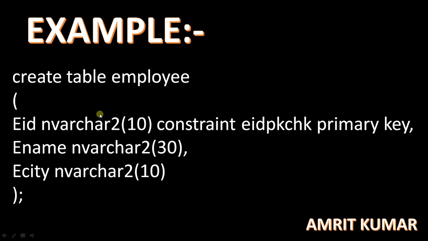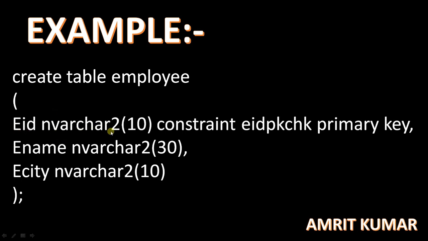Now here in the tables, you can see CREATE TABLE employee. This is the table of employee. We are creating the employee table in Oracle, and EID is a field of NVARCHAR2 with size 10, constraint EID_PKCHK, primary key. So we are applying the primary key on the field EID.